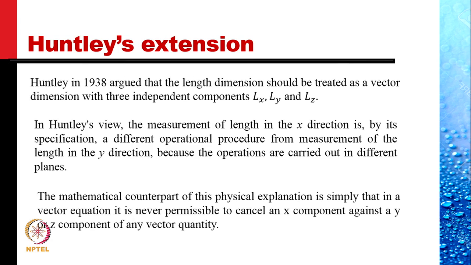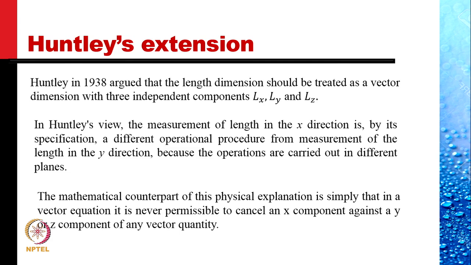Huntley argued that the length dimension should be treated as vector dimensions with three independent components Lx, Ly, and Lz. In Huntley's view, the measurement of length in the x direction is by its specification a different operational procedure from measurement of the length in the y direction, because the operations are carried out in different planes.